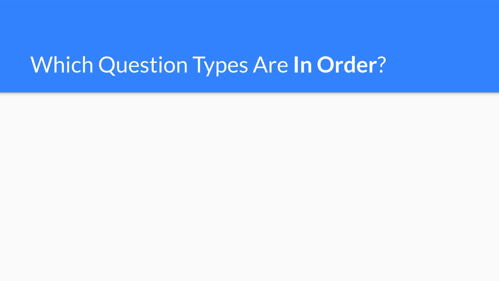Now, one of the key things that I've mentioned before about the different types of questions in the reading section is that some questions are going to be in order. Do you remember what that means? In order means that the answer to question number 1 is going to come before the answer to question number 5 in a reading passage.